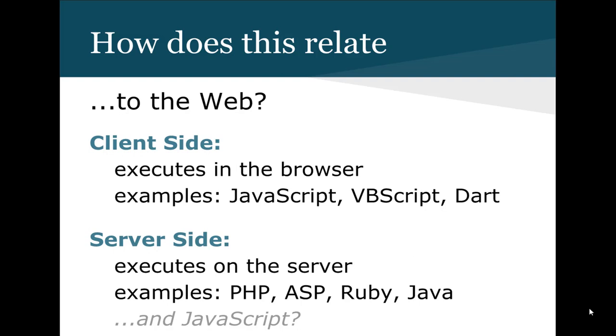PHP is an excellent example of a server-side language, and JavaScript is an excellent example of a client-side language. JavaScript can also be compiled on the server before it is served up, but that's a different subject for another course. We're primarily concerned with JavaScript as a client-side language when it gets executed and interpreted through the browser.